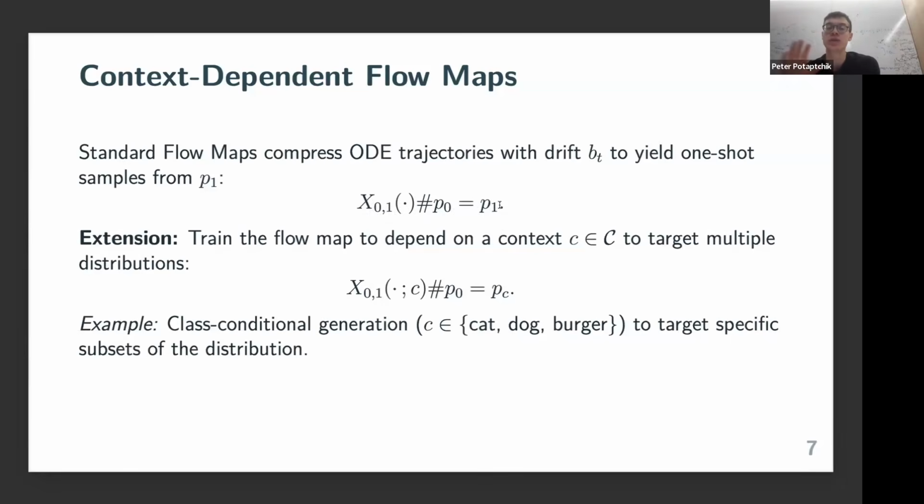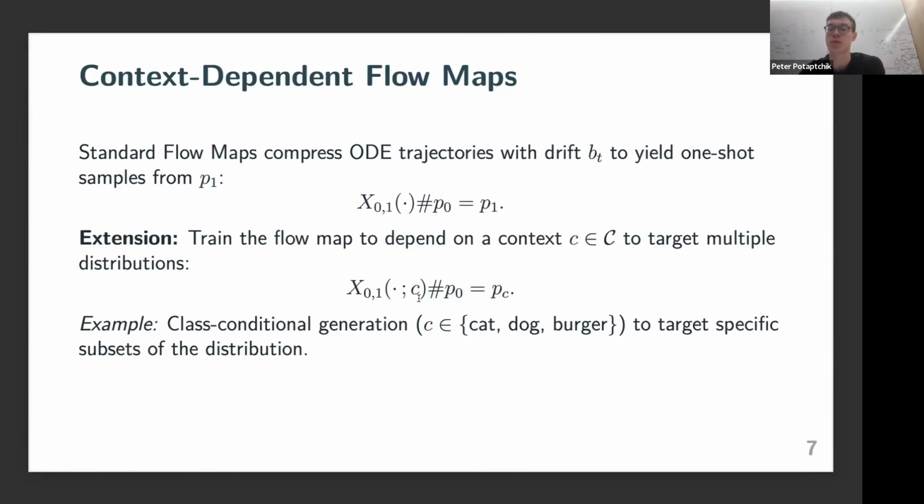So let's think of a really slight extension of this idea of flow maps to something let's call context-dependent flow maps, where instead of trying to target a single distribution P1, let's say that I'm actually trying to target a family of distributions, which I'm just going to index by some variable c. So I have some collection of contexts c in some larger set C, and I have some distributions P_c, and I want to be able to sample from either of these distributions.